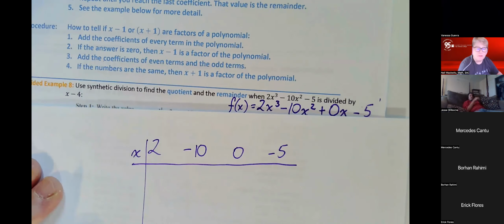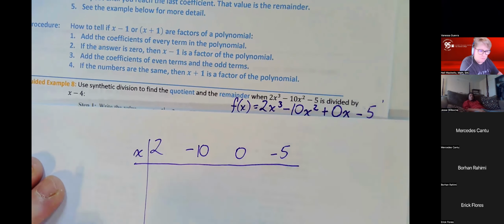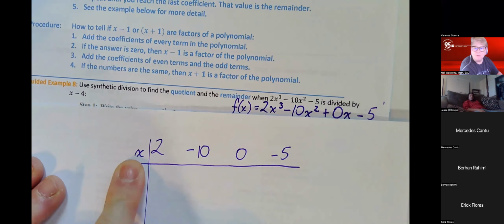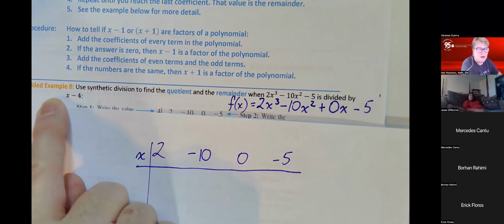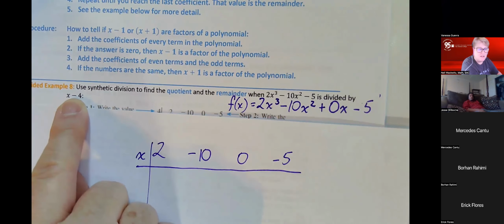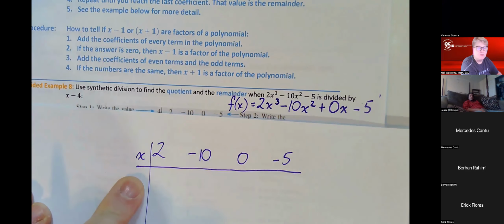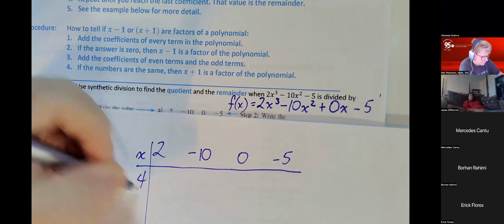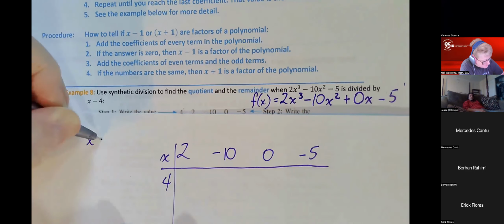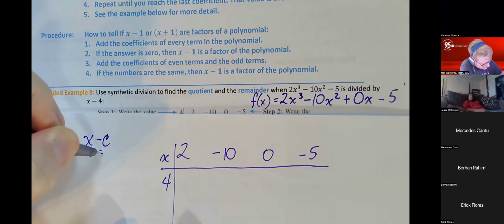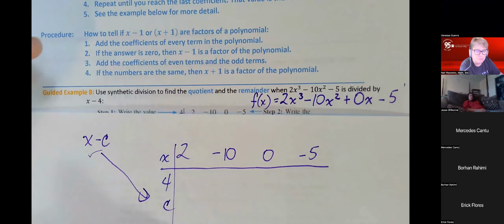And then on the left, I'm going to have a vertical bar, and I'm going to put in the x's that I'm going to check. If we're dividing by x minus 4, I'm going to put down positive 4. So if we're dividing by x minus c, we're going to write down c.